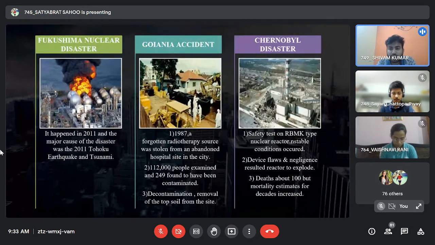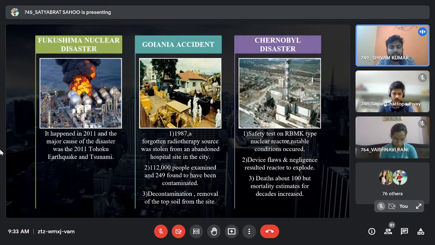The proximate cause of the disaster was the 2011 Tohoku tsunami as well as the earthquake that occurred. It caused major failure in the reactors and resulted in core burnout and nuclear meltdown, which caused a hydrogen explosion, and many deaths occurred.